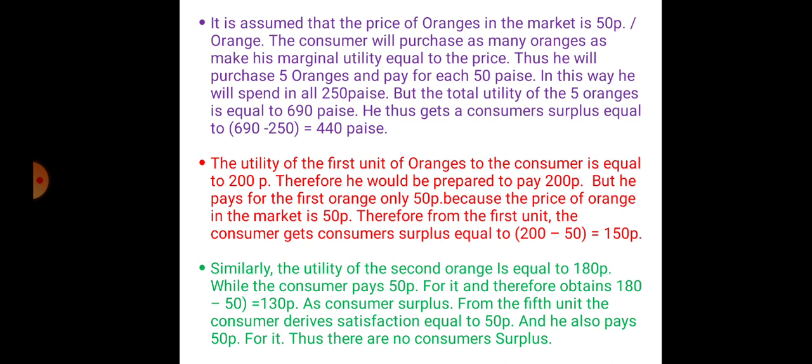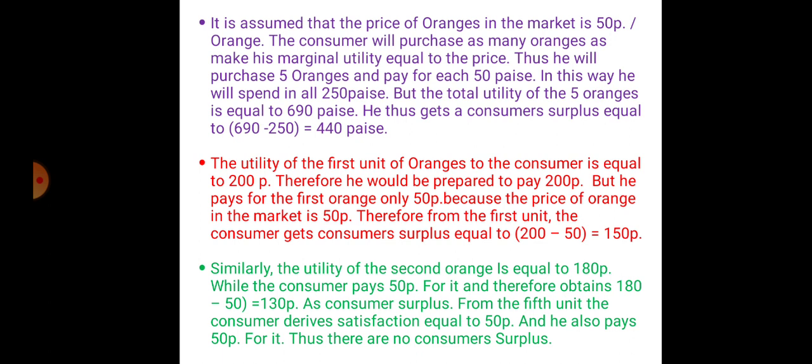Now let's see the explanation of this example. What we observed in the example is, we start with point number one. We assume here that the price of oranges in the market is 50 paise per orange. The consumer will purchase as many oranges as make his utility equal to price.